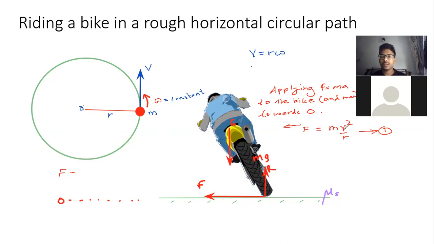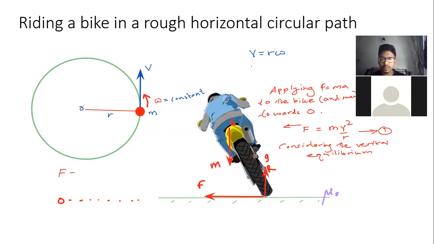So F equals mv squared over r. And then I'm going to consider the vertical equilibrium. Considering the vertical equilibrium, we have R equals mg.